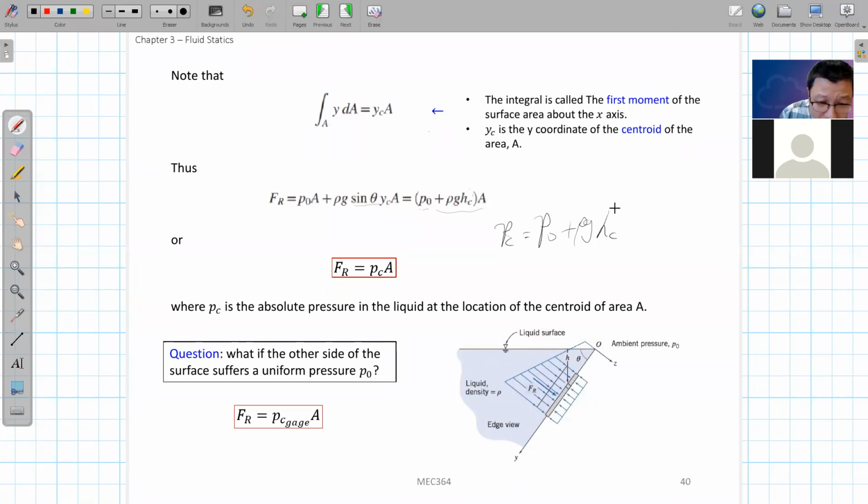Then we can simply use P0 plus rho G HC to calculate the absolute pressure at the centroid point of this plate, and simply multiply this PC by the surface area, so we can get the magnitude of this resultant pressure force. This is the result, and it's a pretty simple final result.